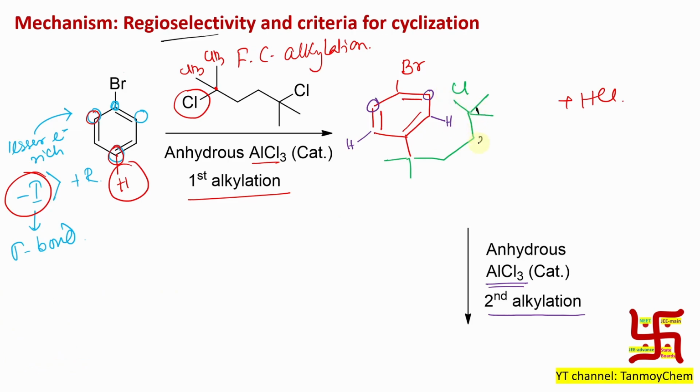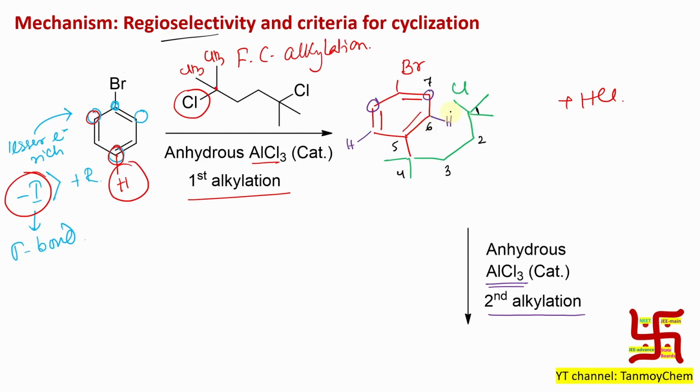So 1, 2, 3, 4, 5, 6, 7. Now 7-member ring formation with such kind of orientation is not possible. It will have a severe ring strain compared to if you connect this 6 and 1, these two. So here it will be a 6-member ring and strain will be less. That's the reason it will react.